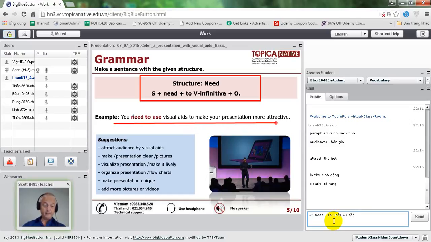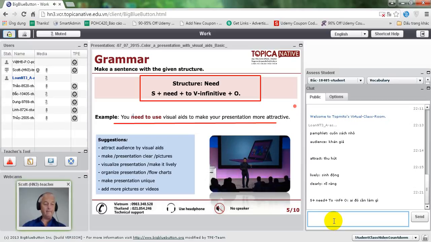Now, there are some suggestions in the blue box that say: attract audience by visual aids, make presentation clear, pictures, visualize presentation, make it lively, organize presentation, flow charts, make presentation unique, and add more pictures or videos to the presentation.